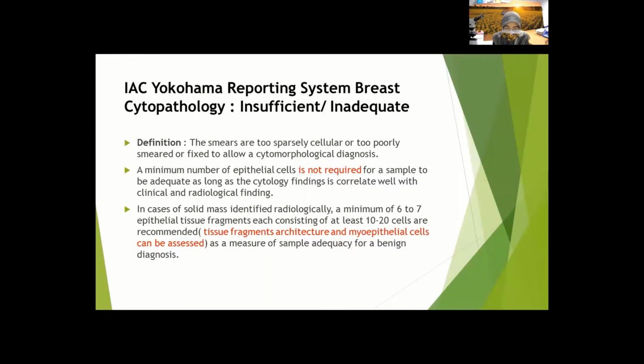It's still recommended for us as a measure of sample adequacy before we proceed with a benign diagnosis. This is just to ensure that the tissue fragment architecture and myoepithelial cells are able to be assessed in that case.